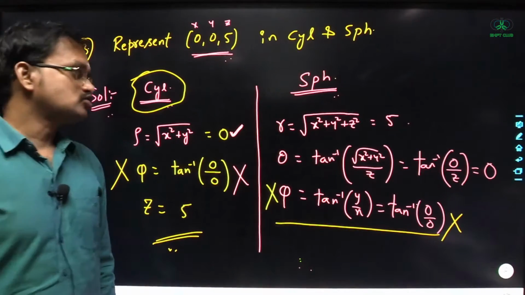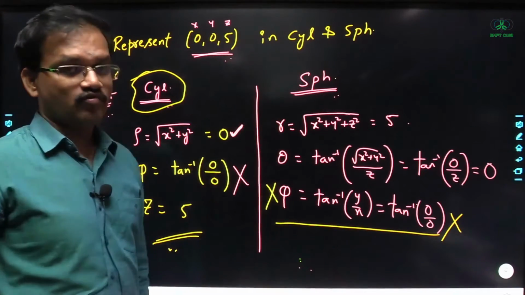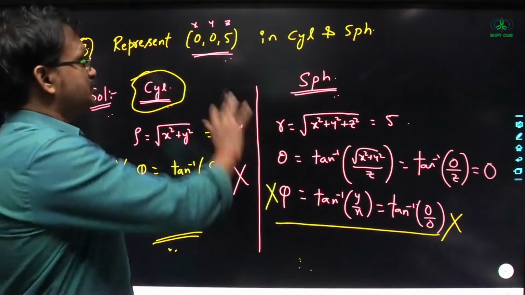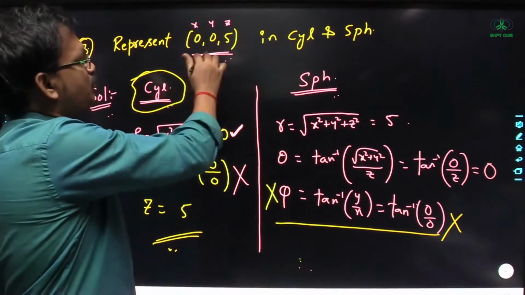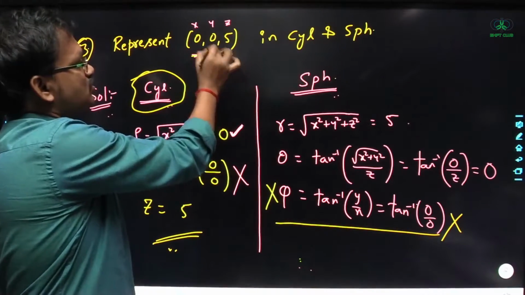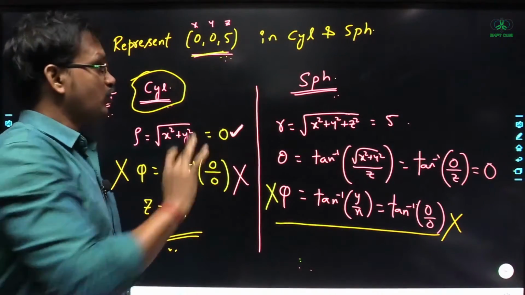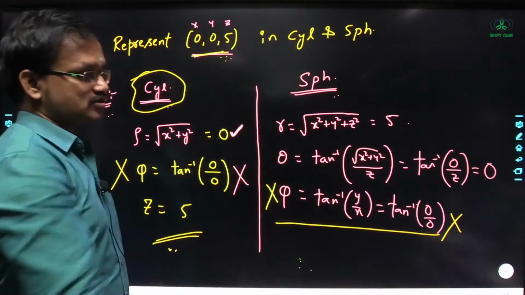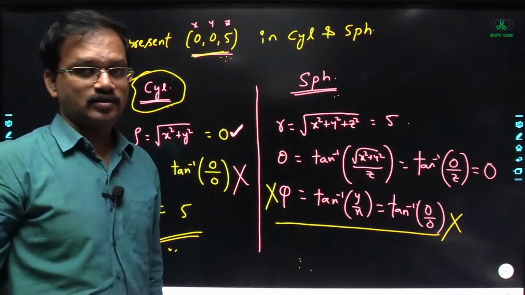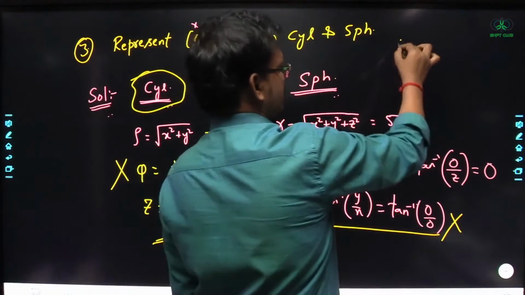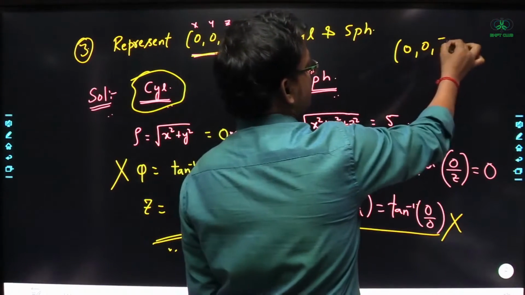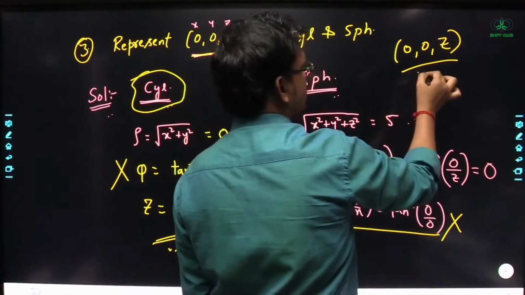So whatever the coordinate system, the point we can represent simply as (0, 0, 5) only. We cannot convert it into cylindrical or spherical. Not only this point, you can take any point on the z axis, like (0, 0, z).